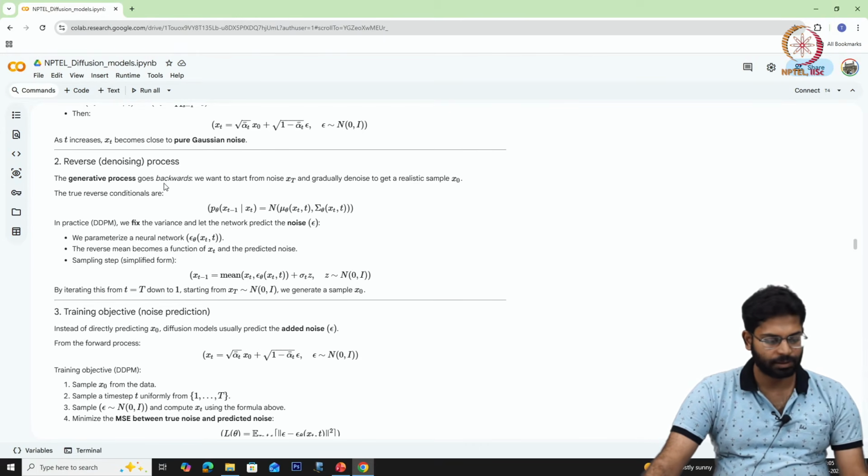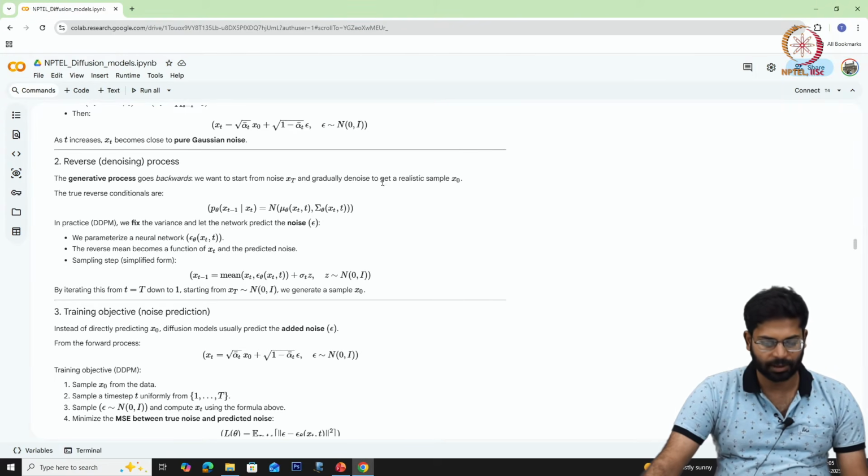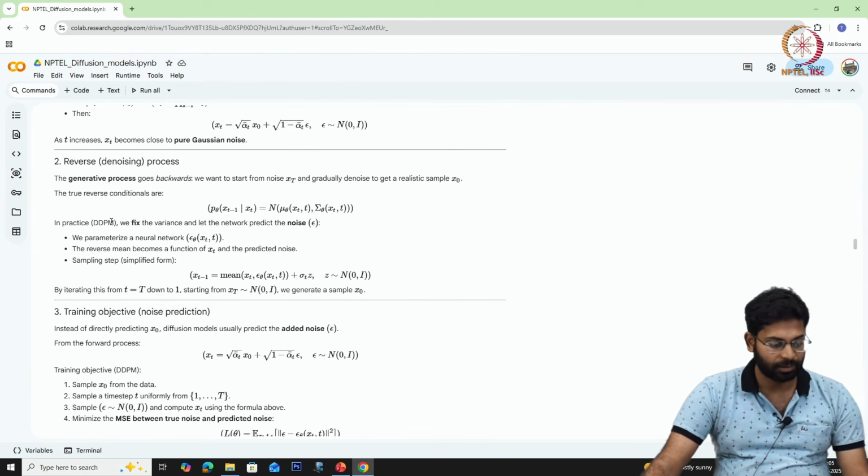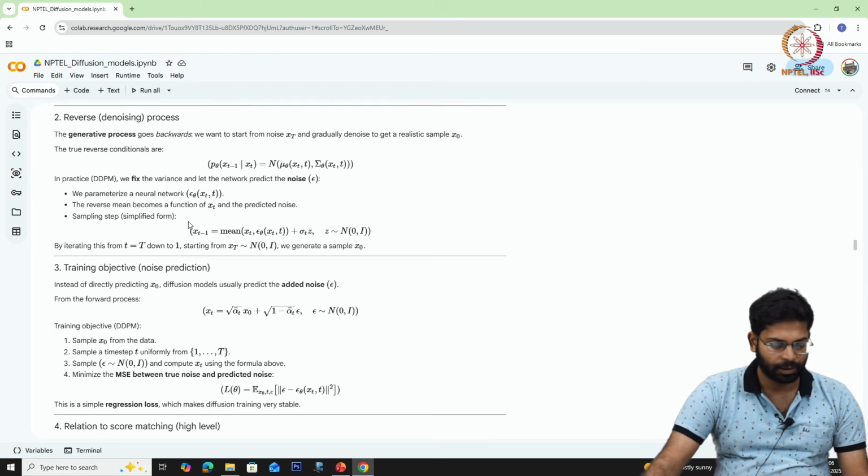The generative process goes backwards. We want to start from the noise xt and gradually denoise to get a realistic sample x0. The true reverse conditional is p theta of xt minus 1 given xt, which is normal with mu theta of xt and t, the learned mean from xt and time step t, and sigma theta, the learned variance from xt and t. In practice, in DDPM, we fix the variance and let the network predict the noise epsilon. We parameterize a neural network for this reverse process because it is not linear anymore.